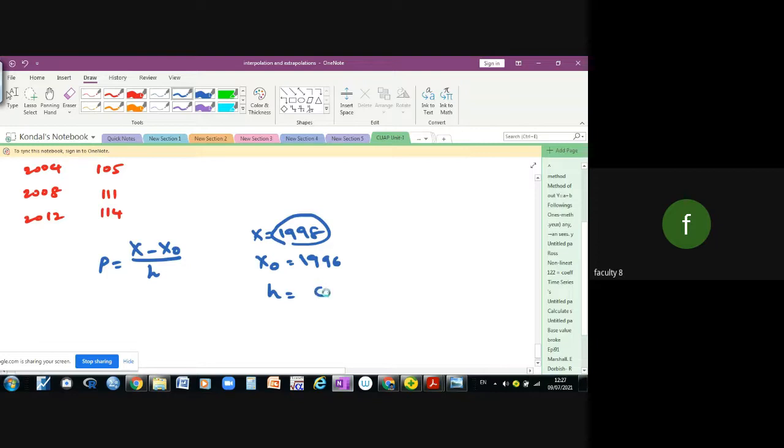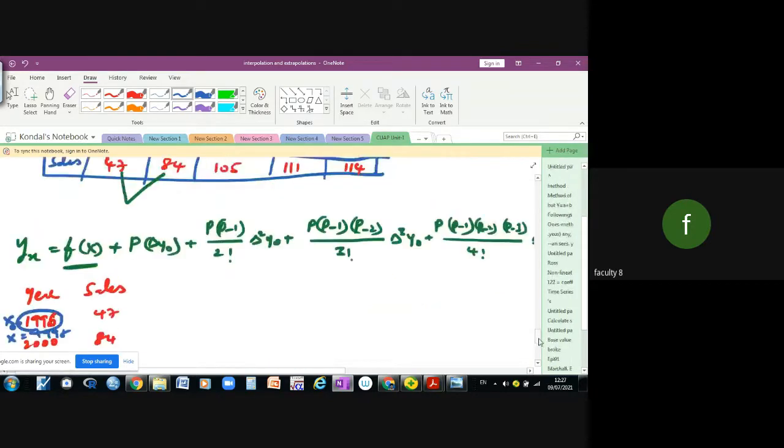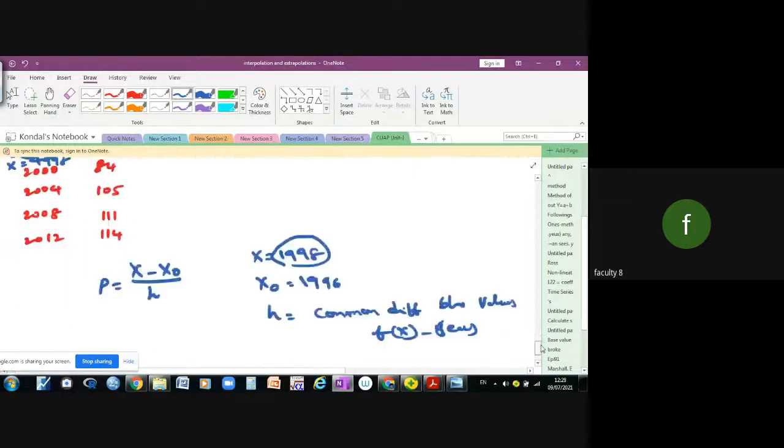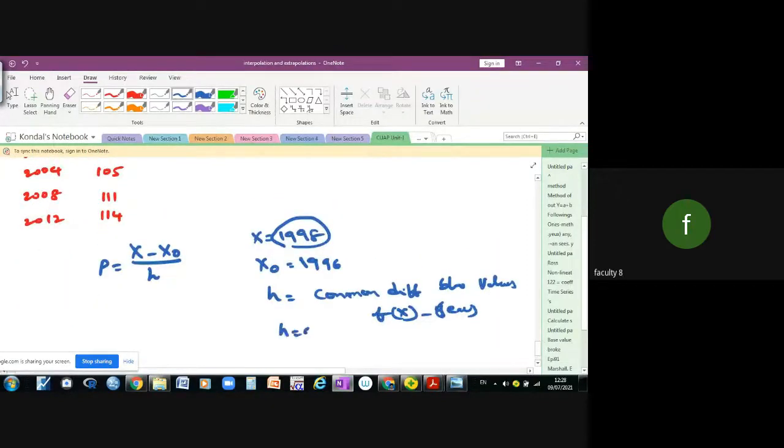What is the h here? H is the common difference between the values of x. So here when you observe these differences, what is the difference between these two values, 1996 and 2000? 4 years, 4 years, 4 years, and 4 years. So the common difference is 4. So here h is equal to 4. So we can substitute these values in the p value.